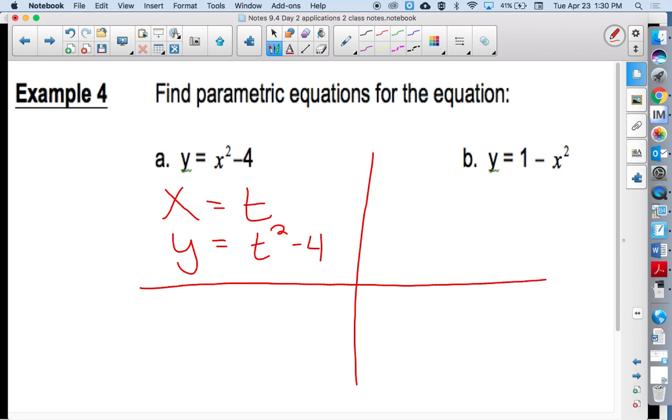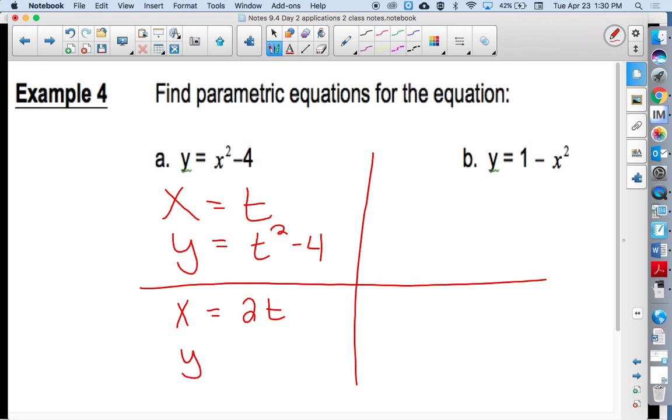But if you'd like to challenge yourself a little bit more, then you can make x, I think my board needs calibrated a little bit, equal anything with a parameter. A parameter is a t, or a parameter is having the cosine of theta, the sine of theta. So having a third variable. So you could say, being a little more creative, maybe x is equal to 2t, because you wanted to throw in an extra number in there.